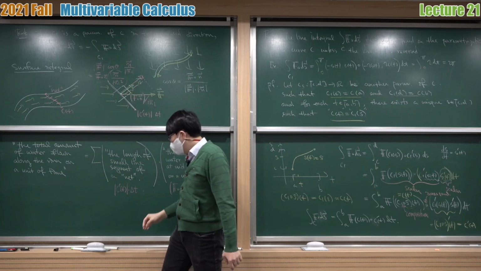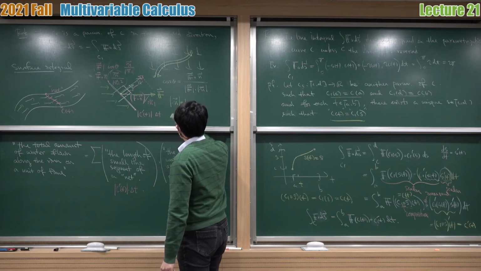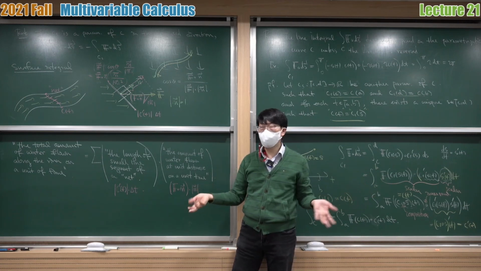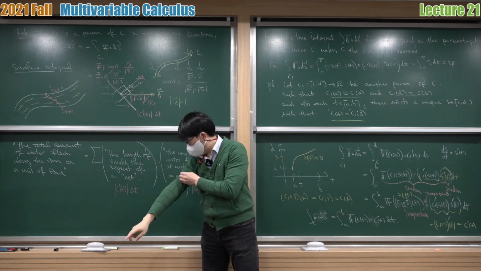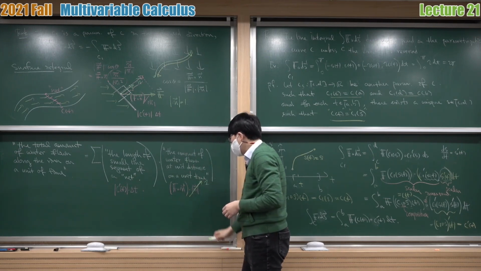So I will assume that this n is always a unit vector, right? There's no point having a non-unit vector in the direction of your bucket. So I can simplify this more. This will disappear as 1.